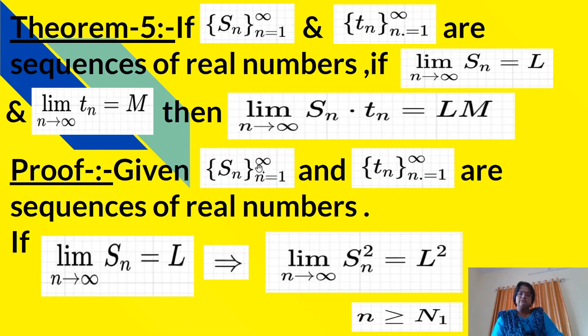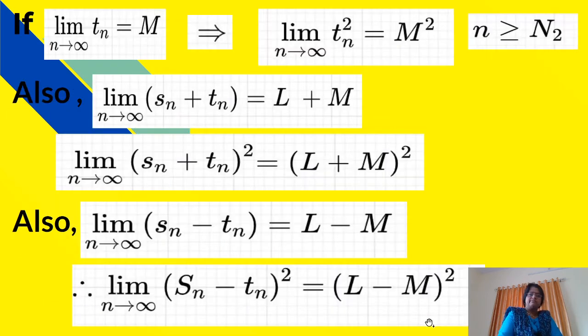Given Sn and Tn, n from 1 to infinity, are sequences of real numbers. If limit of Sn as n tends to infinity is equal to L, it implies that limit of Sn square as n tends to infinity is equal to L square, using theorem 4, which we have proved just before, for n greater than or equal to N1.